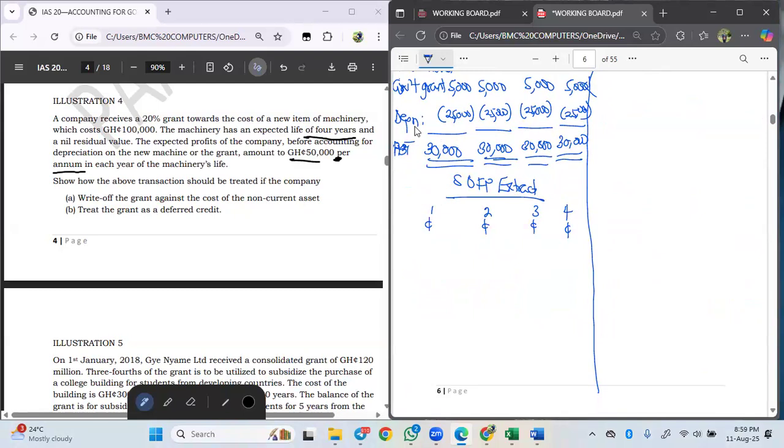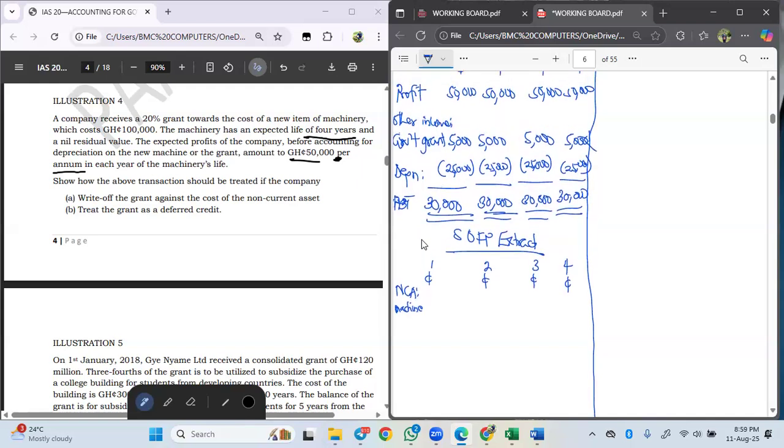First of all, you recognize the non-current asset, machine. This one will be carried at what?